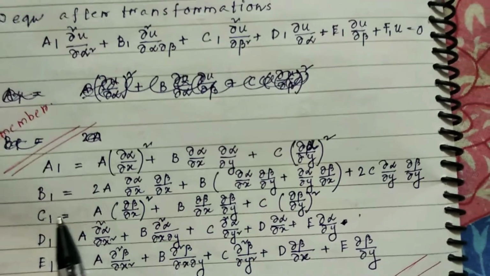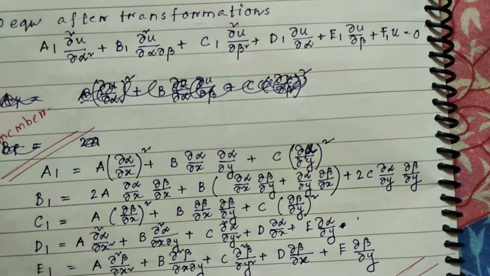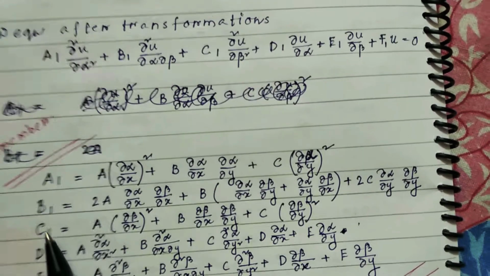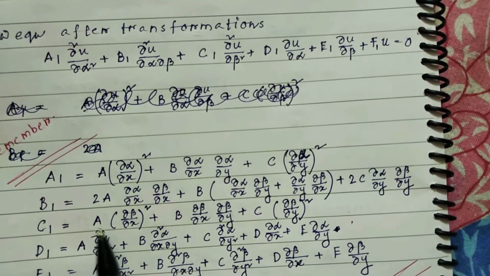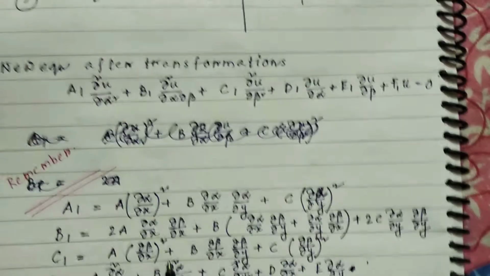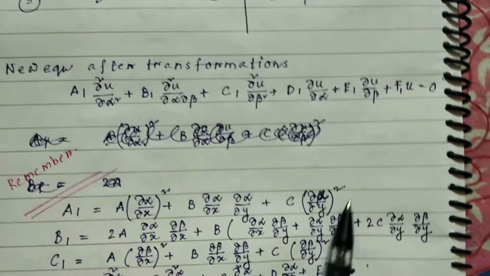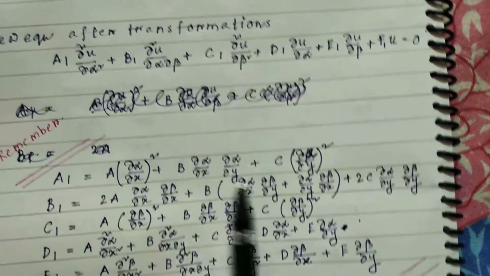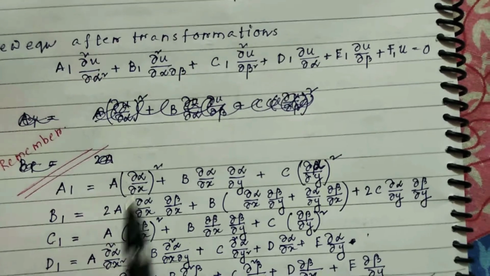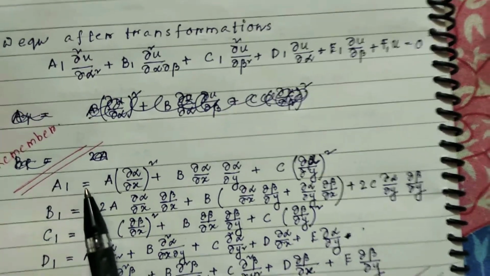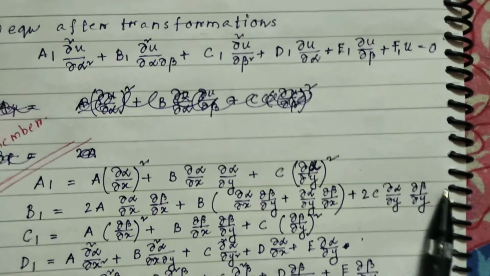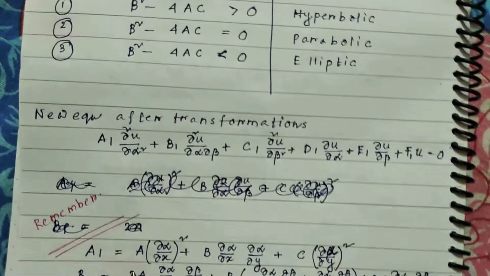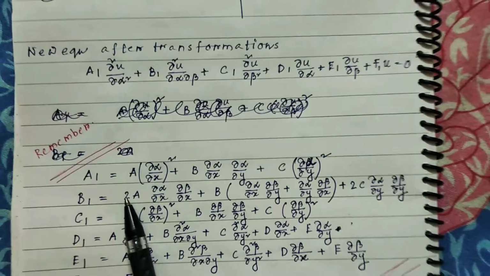So e1, f1, d1 are clear. c1 is the second order term. c1 and a1 are more or less similar, only differing by alpha and beta, and b1 is rather different from the others. This is what we have to memorize for the transformations.